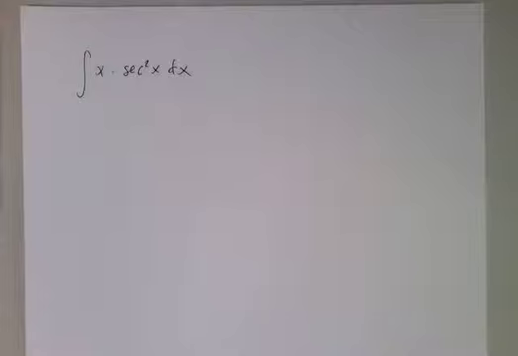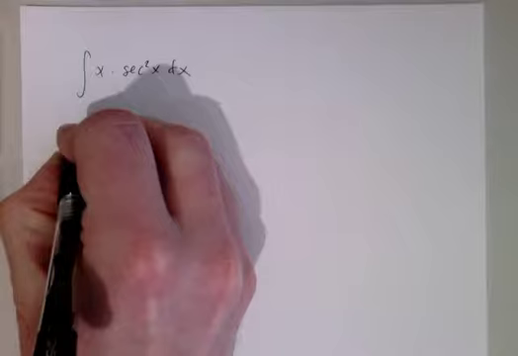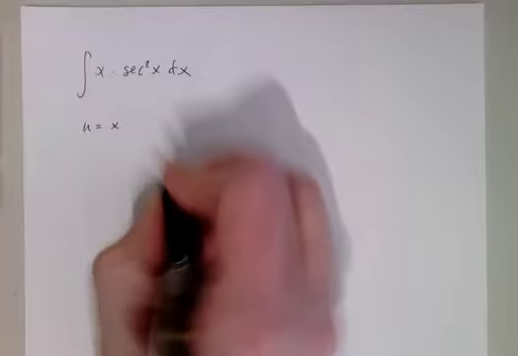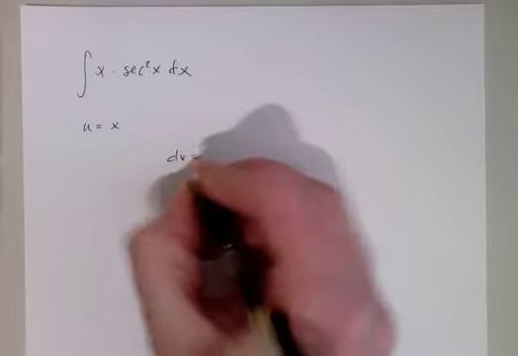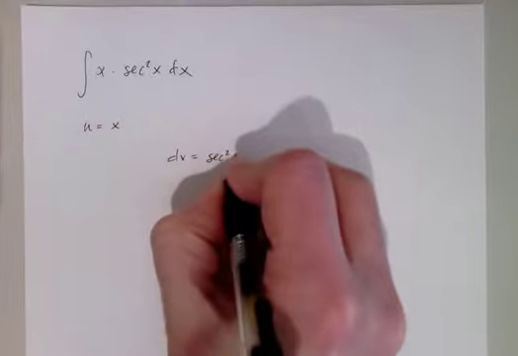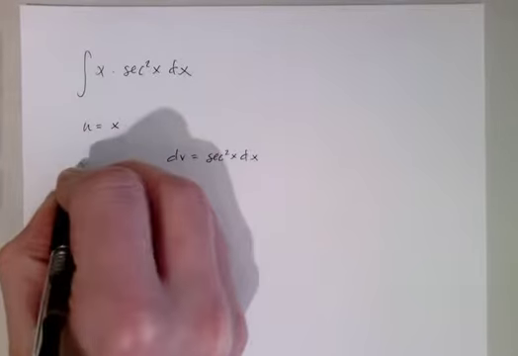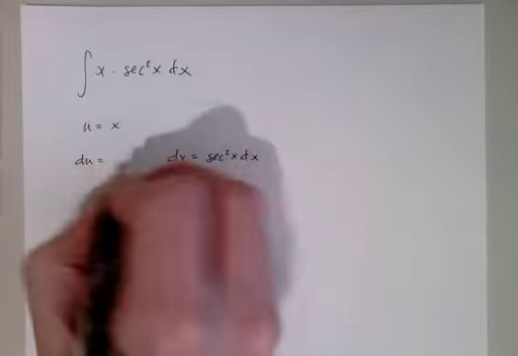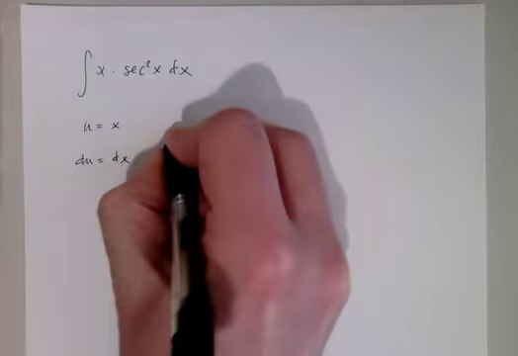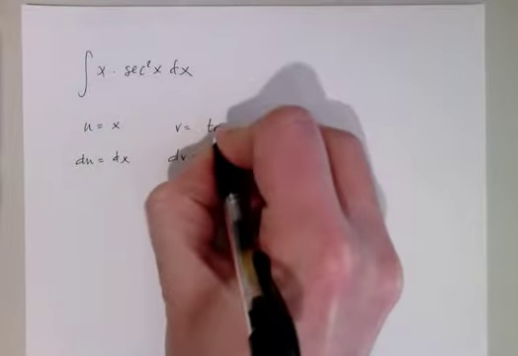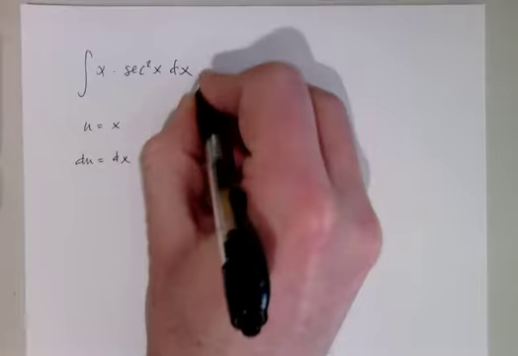And so if I designate my secant squared as my dv, I know that upon anti-differentiating it, I'm going to get tangent. So we'll go again with u equal to x, and then dv equal to secant squared x dx. I recognize the fact that du is equal to dx, and v is equal to tangent x.